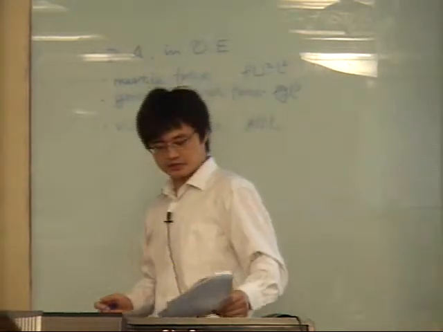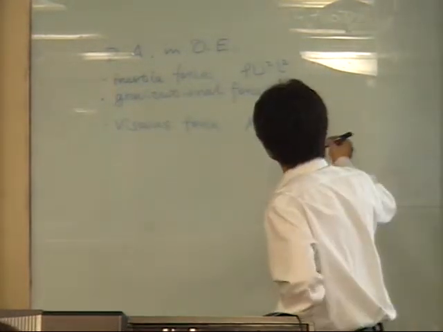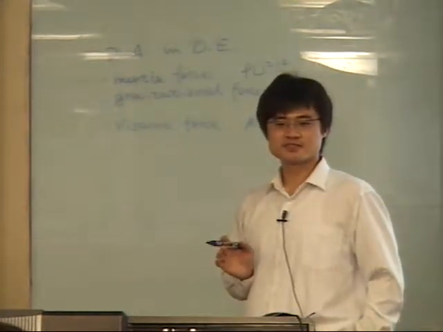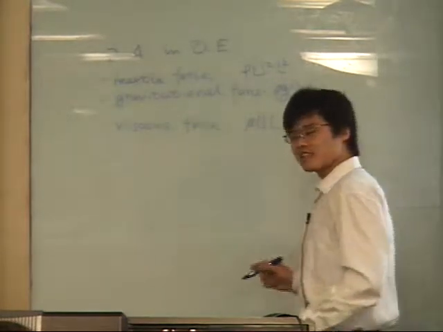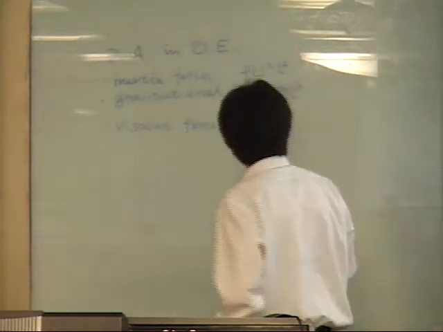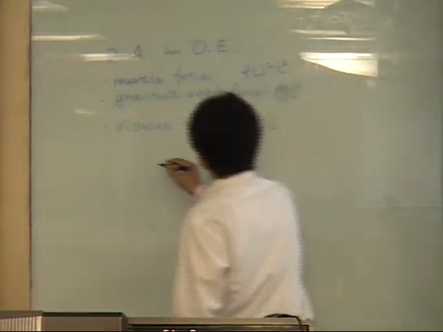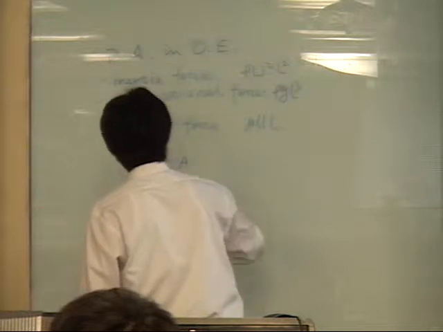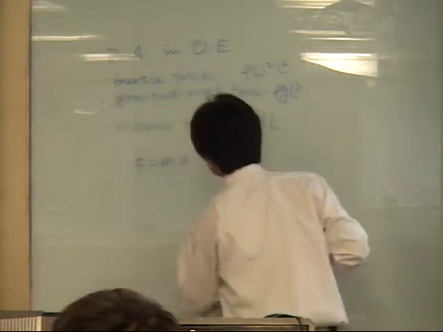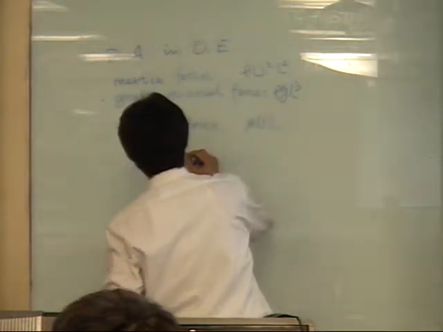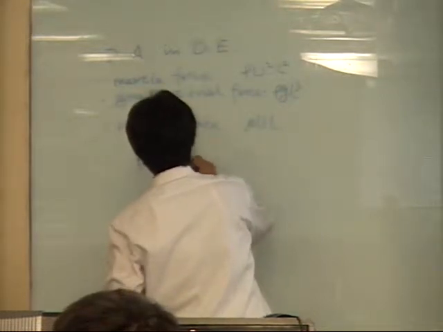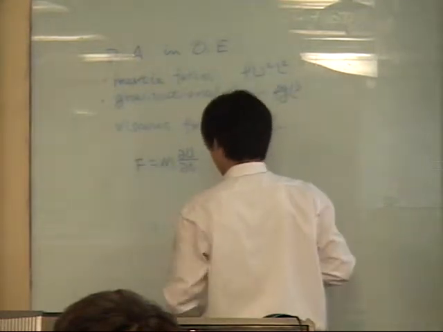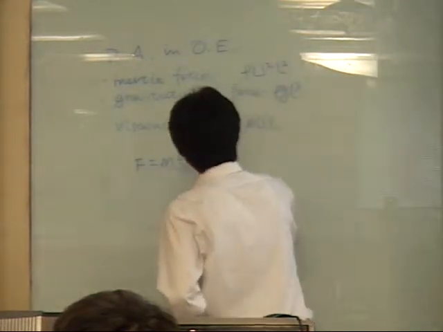What is inertial force? Put it in a simple way, though it may not be strictly correct: it's F equals M A, right? A is the acceleration, which is dU/dt. U is the velocity. What is M?